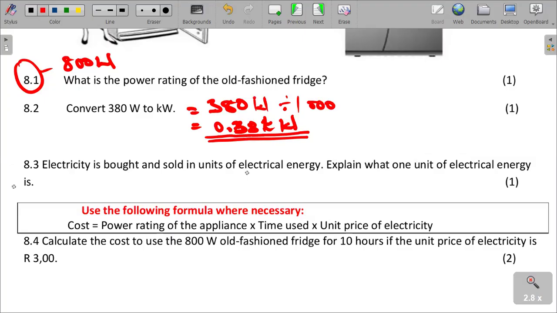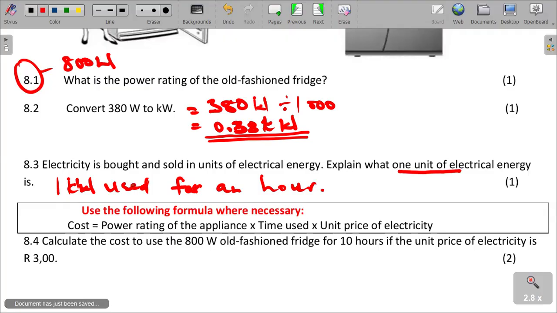It just means 1 kilowatt used for 1 hour, or 1 kilowatt per hour. That is what 1 unit of electrical energy is.